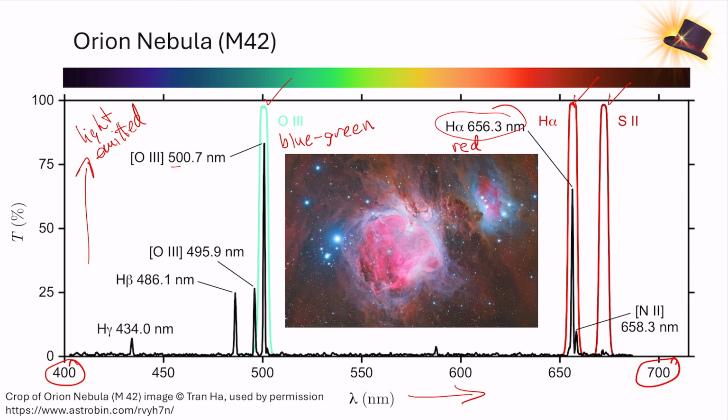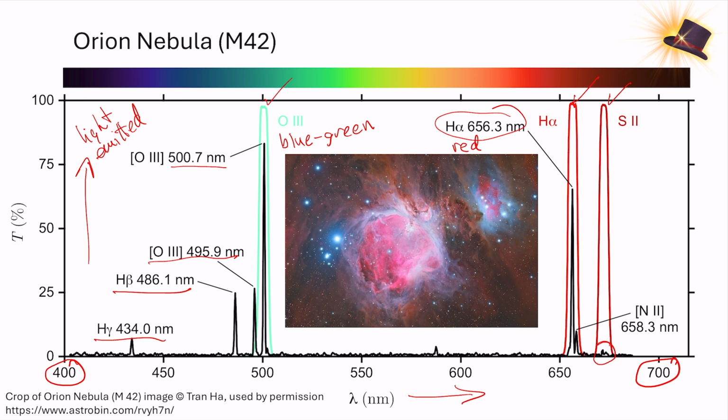And there are actually two oxygen lines, one at 500.7, which is stronger, which is normally targeted by Oxygen-III filters. There's also a weaker one at 495.9 nanometers, very close to it. This is the hydrogen beta line. We'll talk about that and the hydrogen gamma line in the videos that follow.